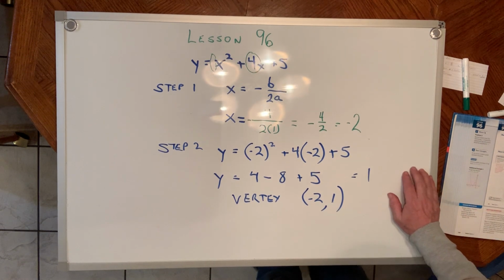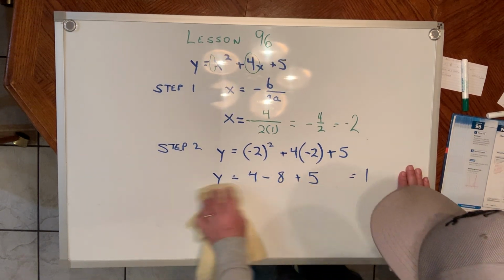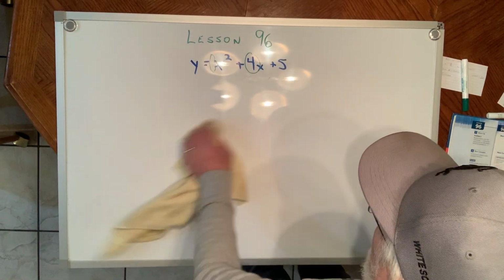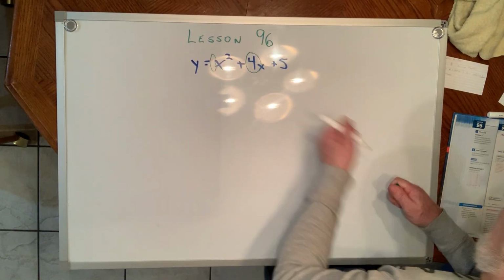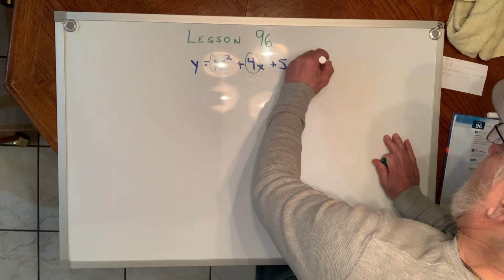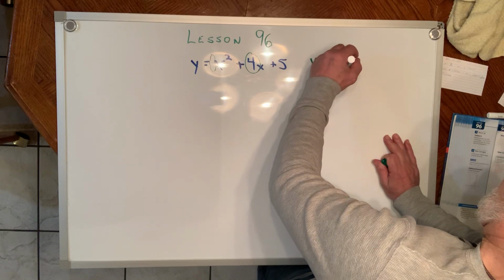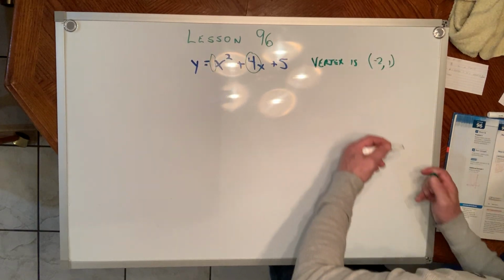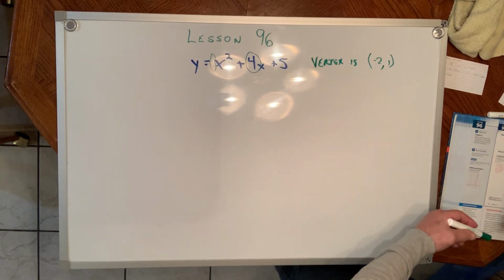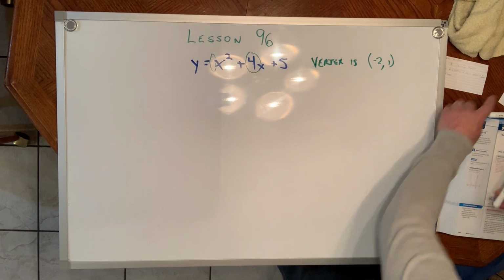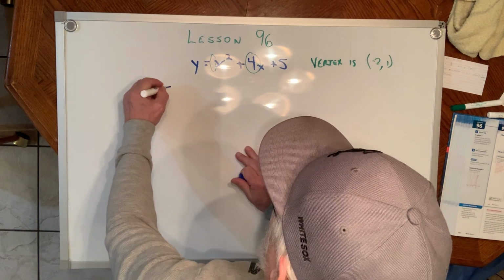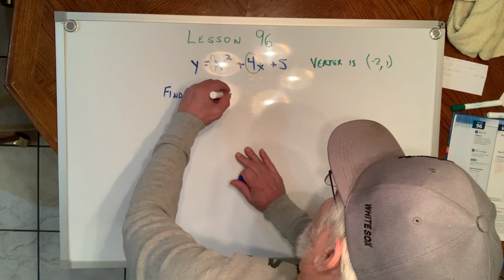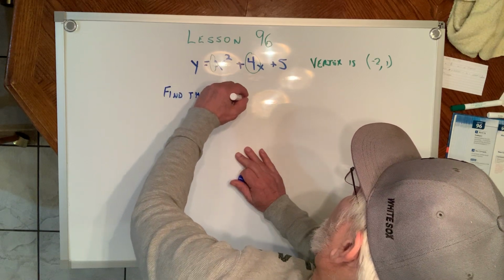Now we need to go to step 3, and I'm going to leave that equation up there in the top. And the other thing we should leave up there is the vertex is negative 2, 1. All right, so now we go to the third step, and we need to find the y-intercept.